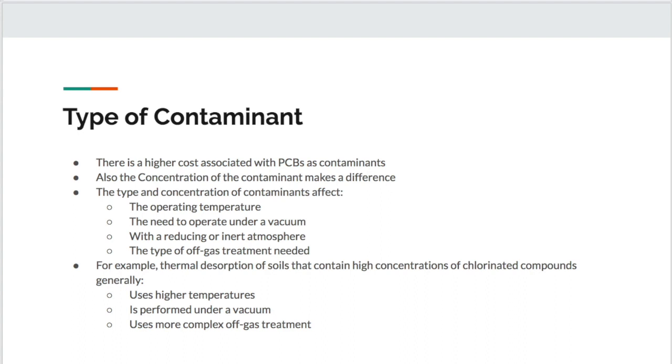So, for example, thermal desorption of soils that contain high concentrations of chlorinated compounds generally uses higher temperatures, is performed under a vacuum, and uses more complex off-gas treatment.